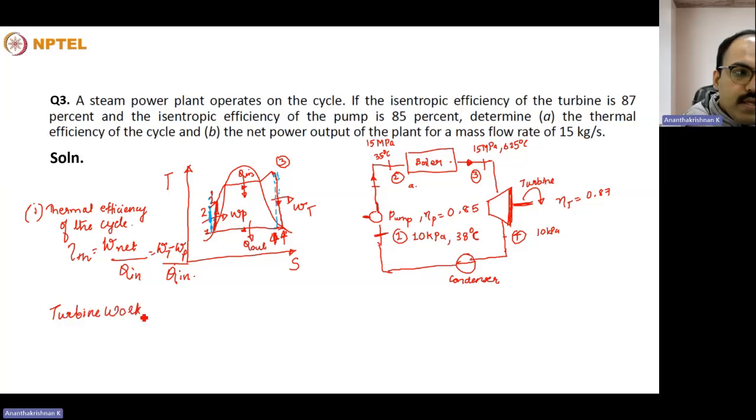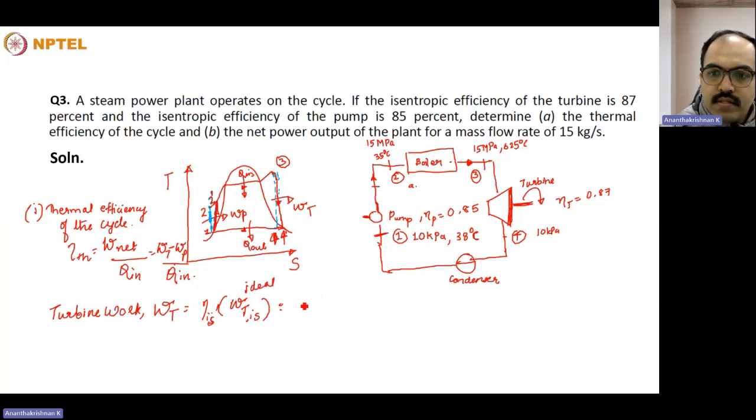So first of all, we have to calculate the turbine work. So the turbine work WT will be equal to the change in enthalpy between the process 3, 4, that is the isentropic turbine work multiplied by the isentropic efficiency. So the actual work will be less than that of the ideal work. So this is the ideal work if it was an isentropic one.